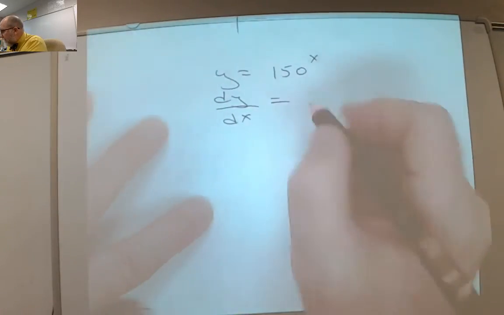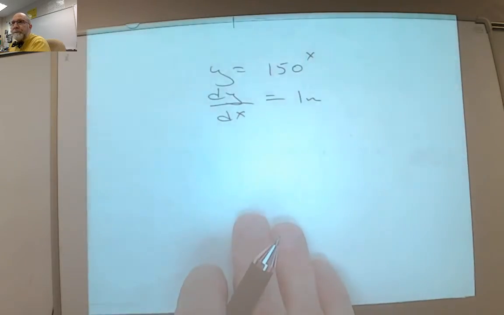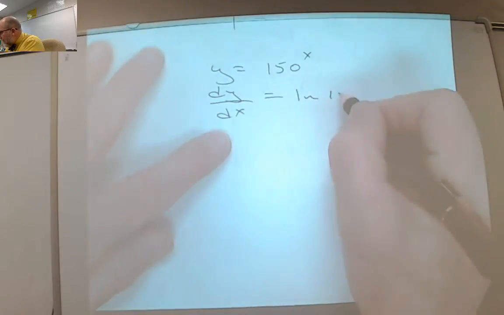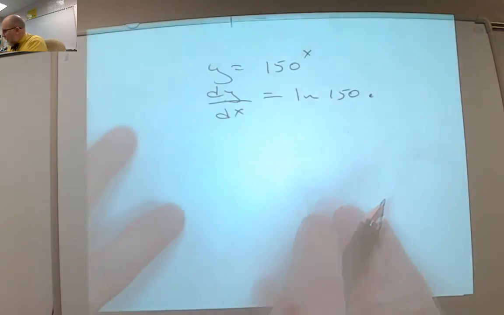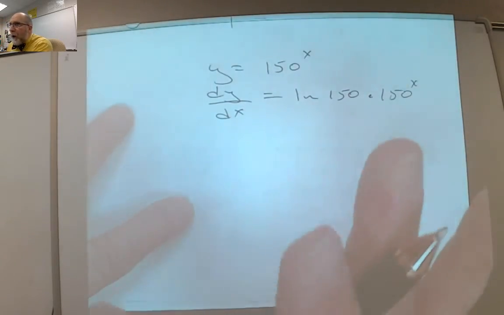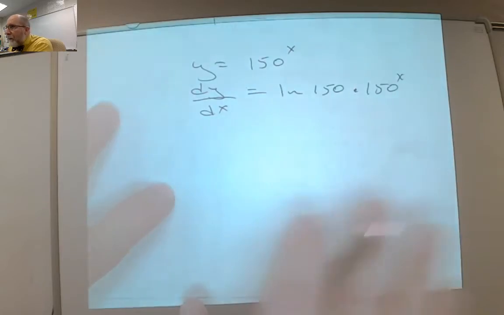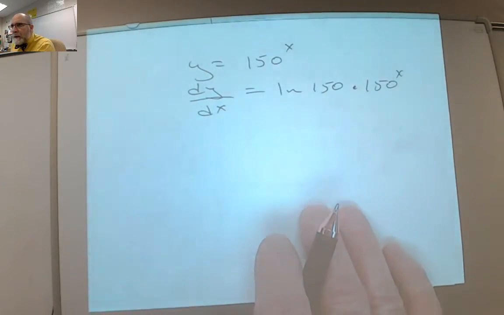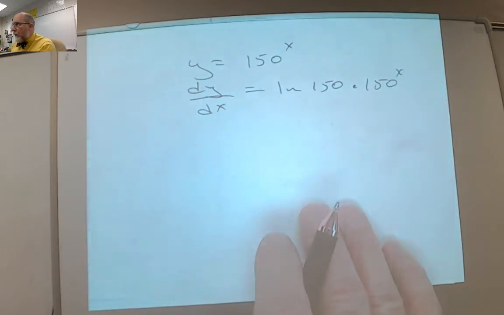I'll give you a hint, it starts with natural log. Natural log of what? 150 times what? 150 to the x. You're done. Nothing like the power rule, is it? Why isn't it? Because the exponent is not a constant. The exponent is a variable. It's our input value, isn't it?